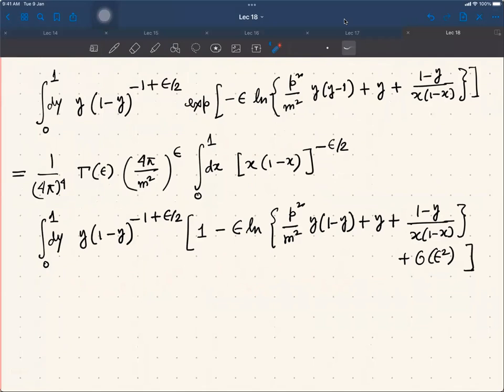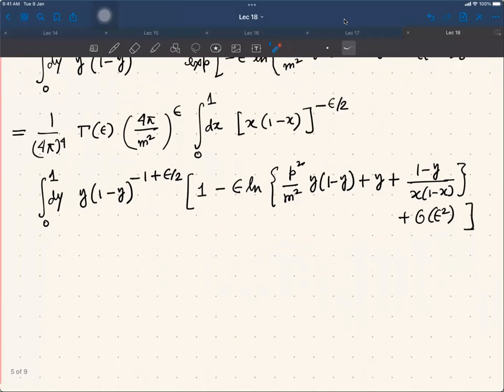Okay, it gives a divergent contribution in the limit epsilon going to 0. But if you take the second term, then in this y going to 1 region, near y equals 1, these two terms are negligible. So it is log y, and one has to show that this times log y does not produce a divergence. So let us first note down that this gives a divergent contribution.